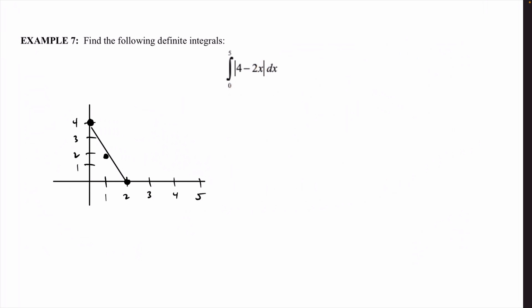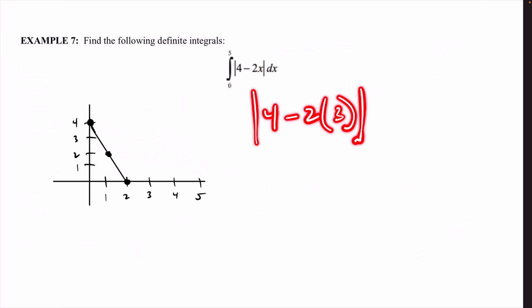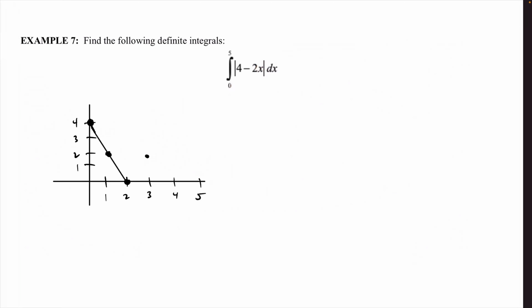My dots aren't perfect, but oh well. What do you get when you plug in 3? You get negative 2, but then the absolute value is positive 2, so you get positive 2 again. Just like you guys said. Take a wild guess. What do you think is going to happen when you plug in 4? 4. Take another wild guess. What do you think is going to happen when you plug in 5? Look at the pattern.